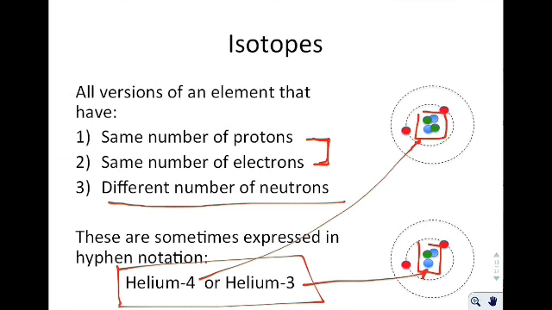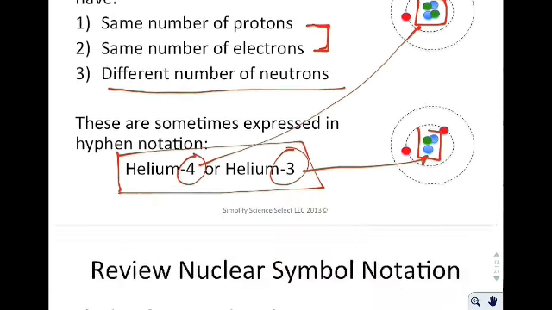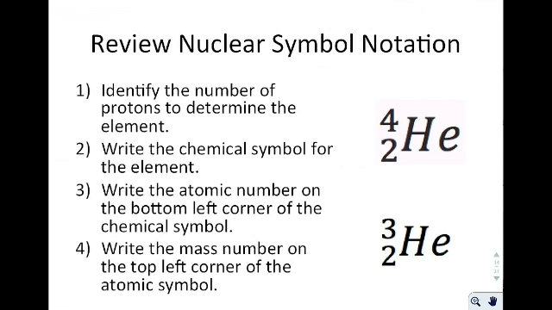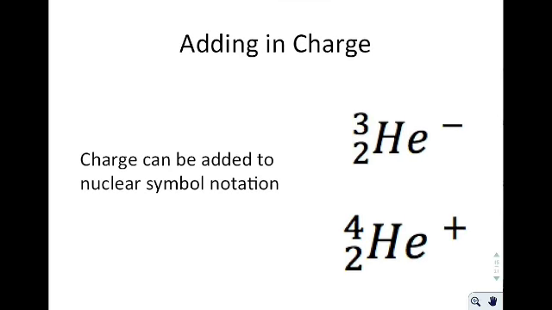If you notice, this atomic mass term right here does not include the number of electrons because the electrons are so small. So we talked about nuclear symbol notation before, where you identify the chemical symbol, the atomic number, and the atomic mass, but you should be familiar with those. We also are going to now formally put in charge.